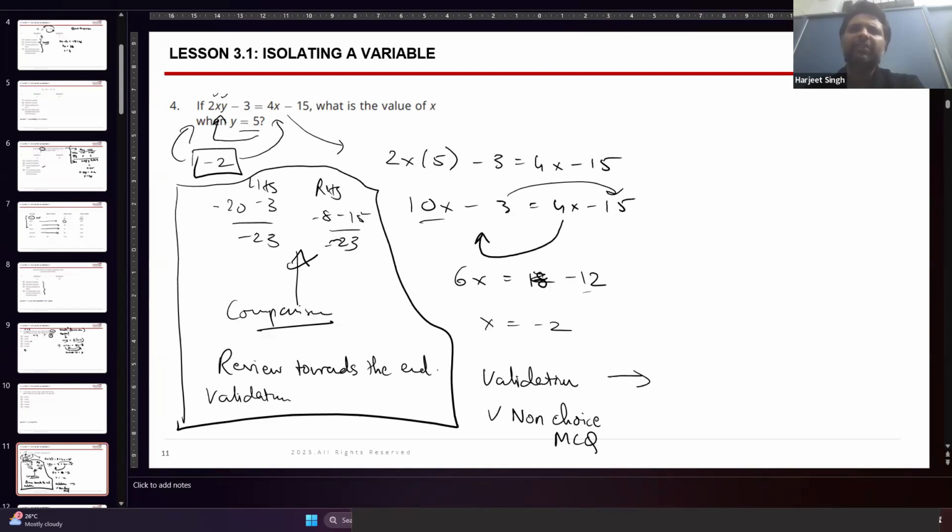And what is the validation? Whatever your answer is, plug it back into your equation and check if both LHS and RHS match or not. This is a typical validation check, mostly done for non-MCQ questions.